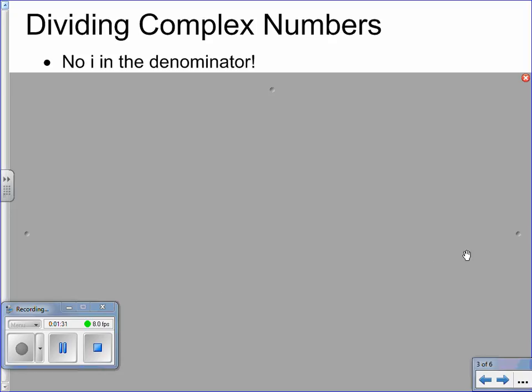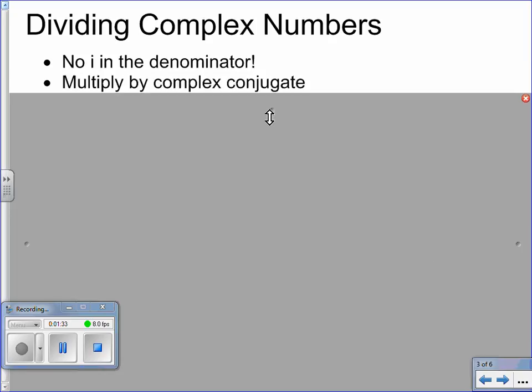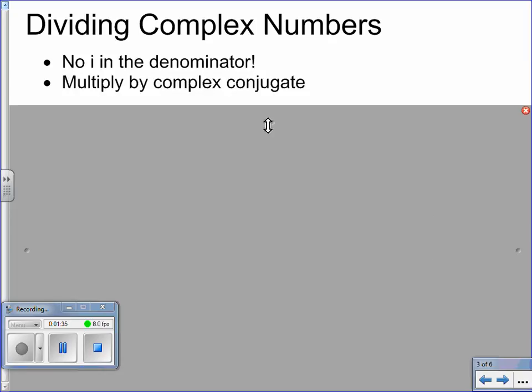Now, how will we get i out of the denominator? We will multiply by something called the complex conjugate, which we're going to have a discussion about momentarily, so you know what a complex conjugate is.